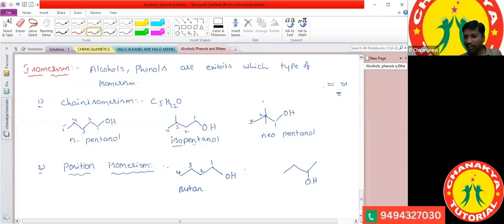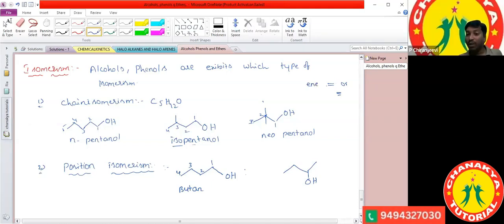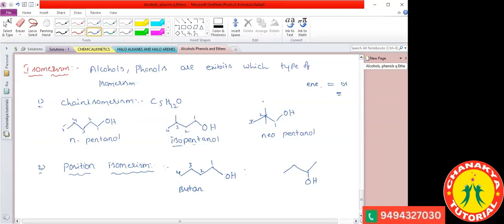What is the suffix of the double bond? ene.